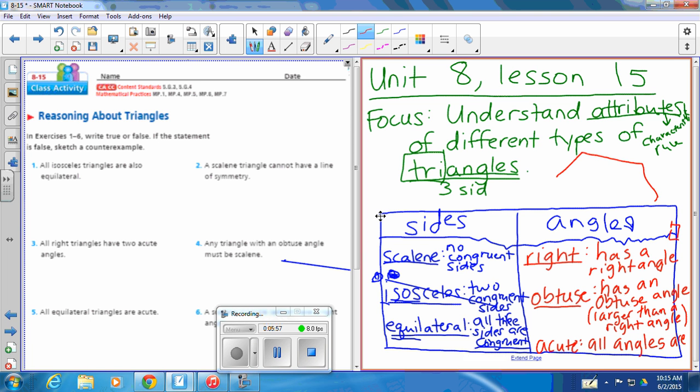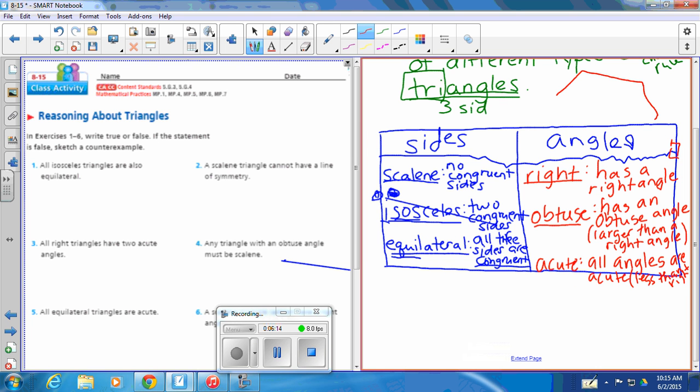We can't make a triangle if the angles are all obtuse. But we can have all angles acute. And acute is less than a right angle, excuse me. Okay, sorry, I didn't leave myself enough space for those notes.